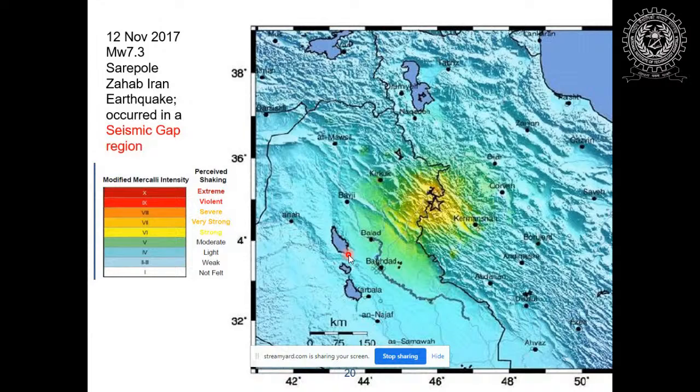Because it is the border of the Zagros folded belt, and in this border it is very rare to observe such major earthquakes.